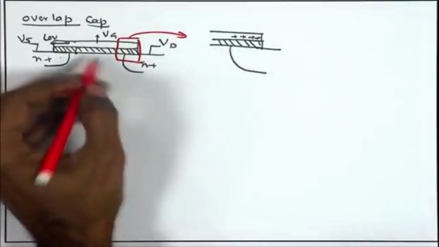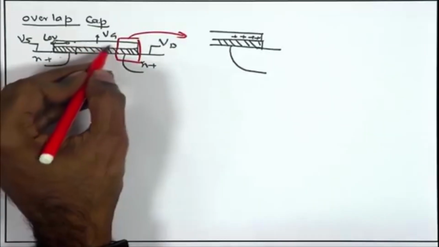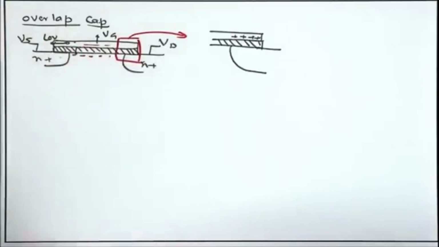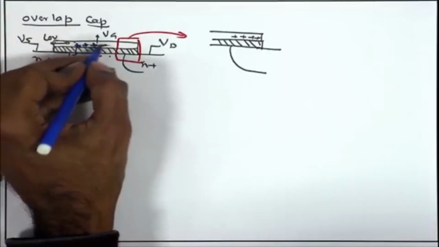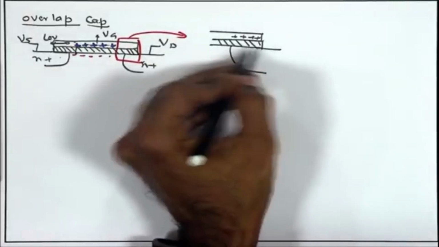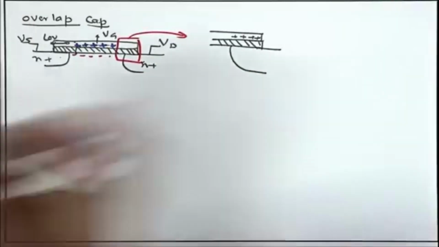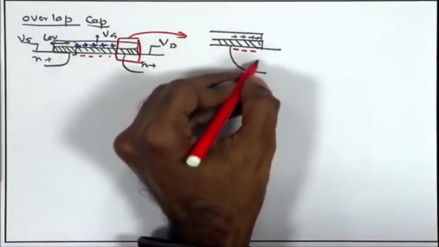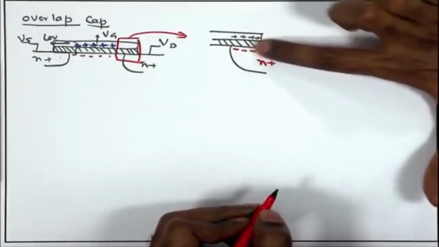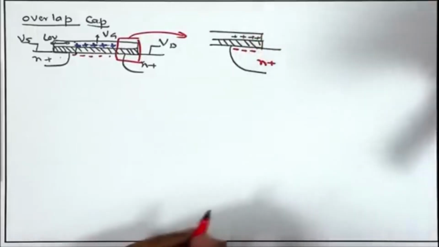We said that the positive charge in the middle region just above the channel is balanced by the negative charge in the channel, but the positive charge on the metal which is overlapped with the source and drain region is balanced by a large number of electrons already present in the n plus region. So, more electrons get attracted and accumulated towards this oxide interface, and that is how this gets balanced.